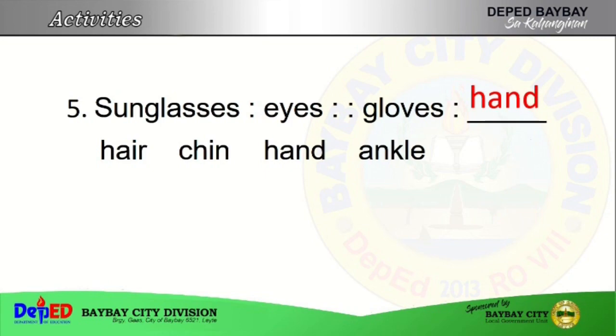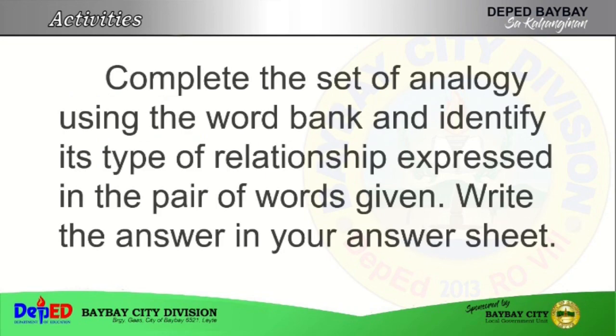You are really doing well. To further assess your understanding, let's proceed in answering Activity 3. Complete the set of analogy using the word bank and identify its type of relationship expressed in the pair of words given. Write the answers in your answer sheet.